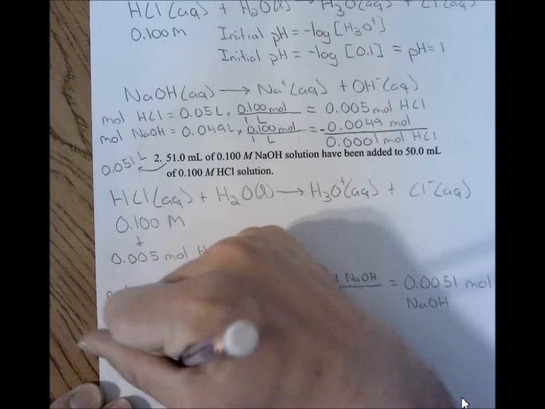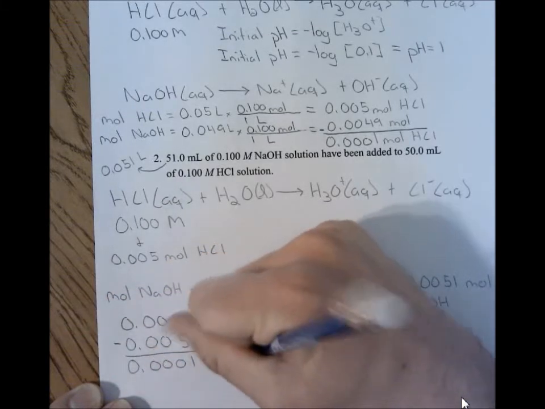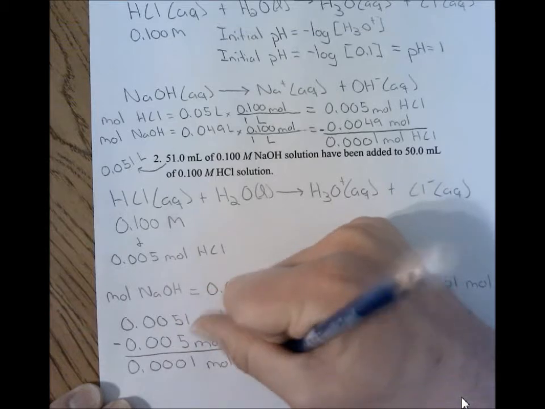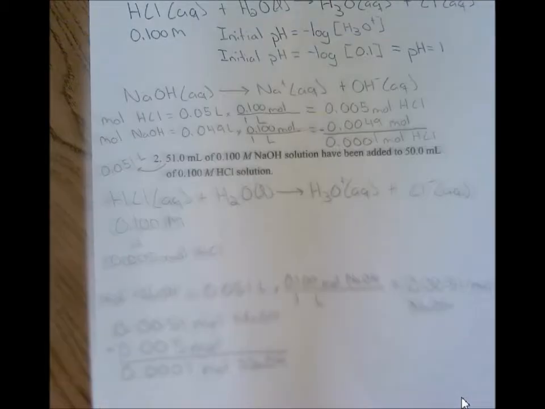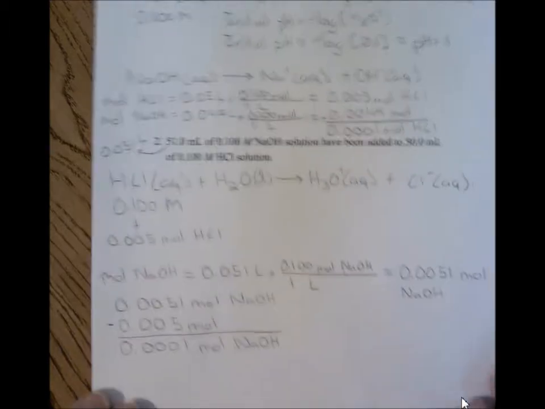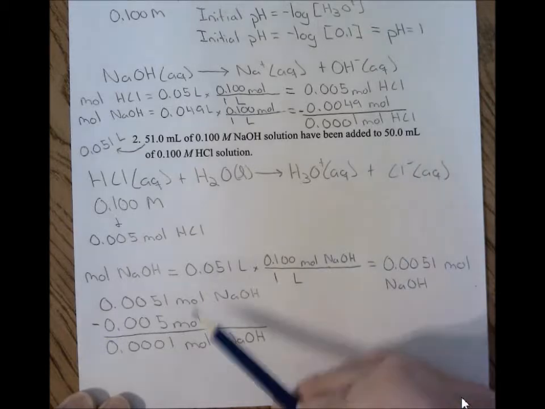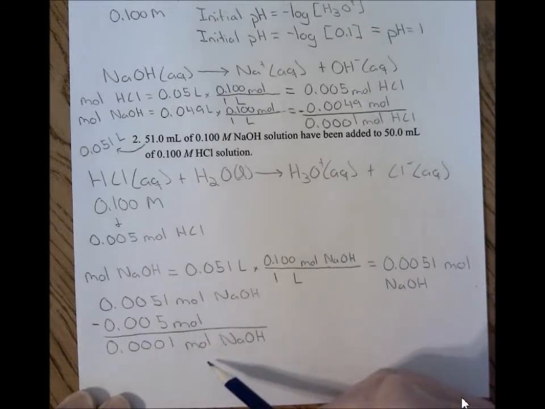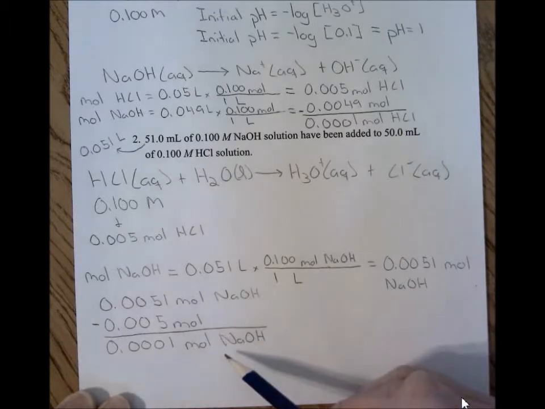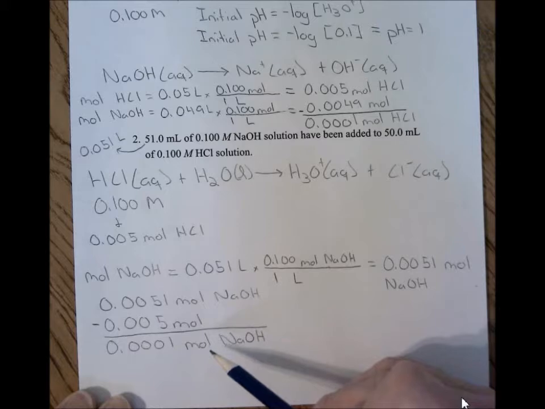Now, just like we did on that other sheet of paper, I ran out of room up top here. To calculate the pOH in this case, I cannot just plug moles into our calculation. I have to put it back into molarity, so we have to divide by our total liters of solution.